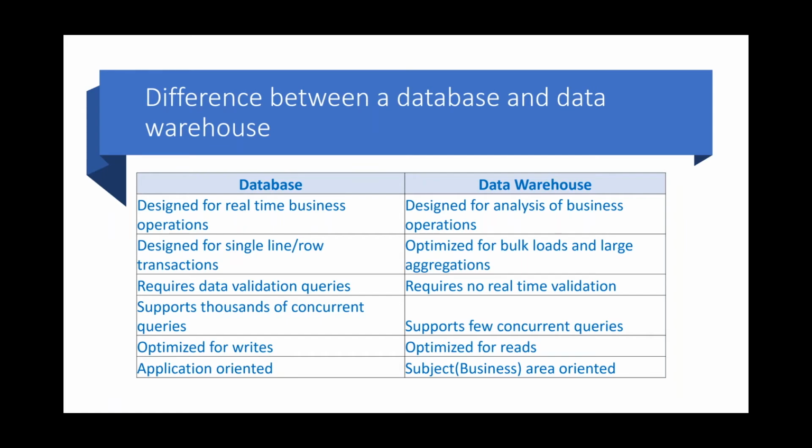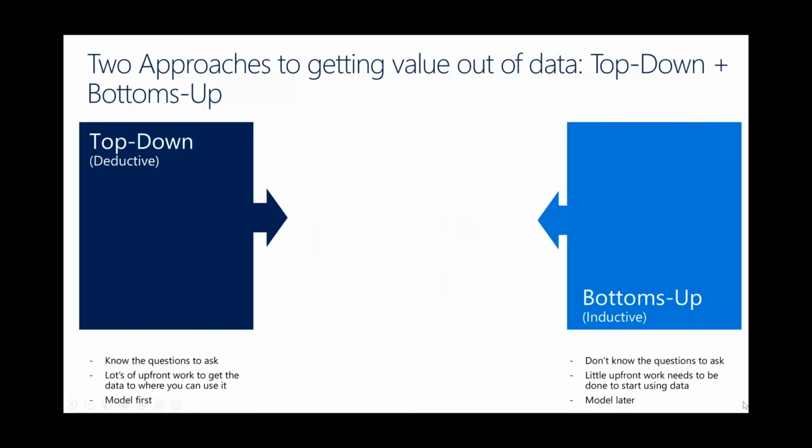And databases are application oriented. They try to meet the needs of an application. The data warehouse, we talked about it. It meets the needs of the business. It could be anything, whatever the business corporate strategy is to build the data warehouse for, that is what it is oriented for.